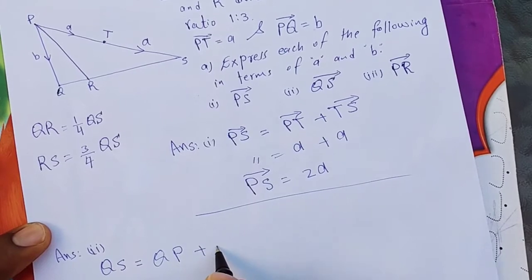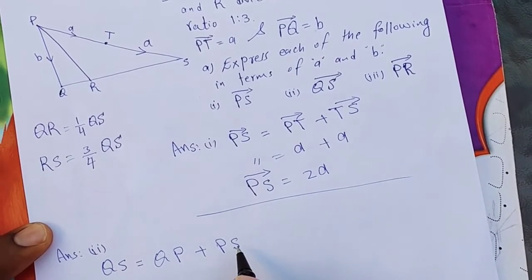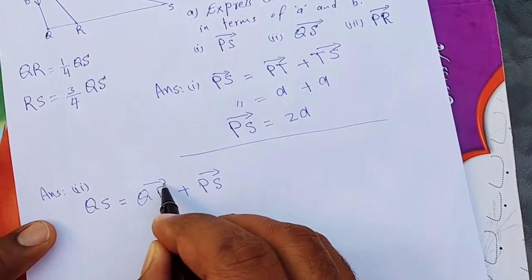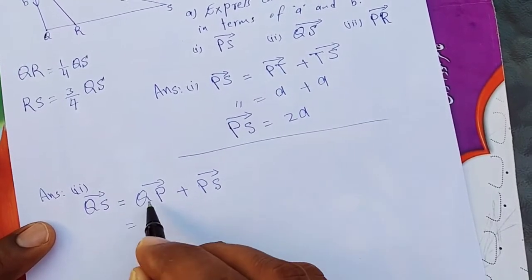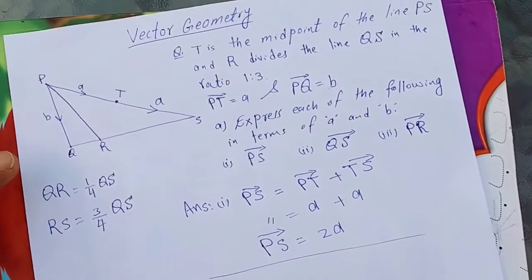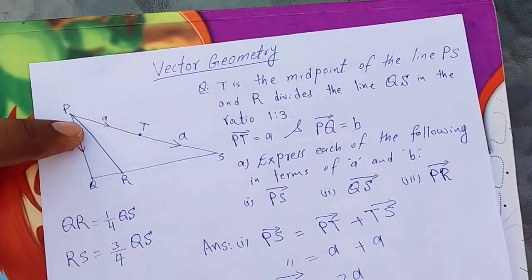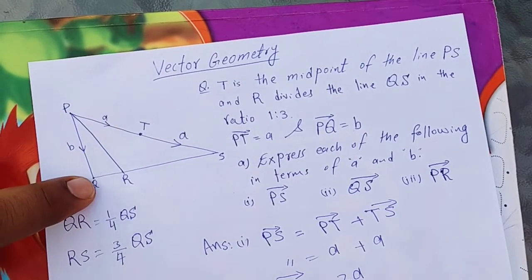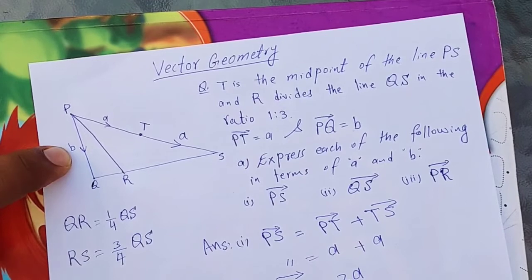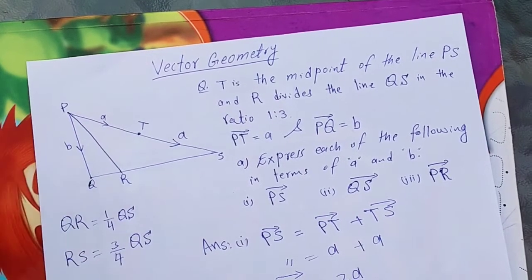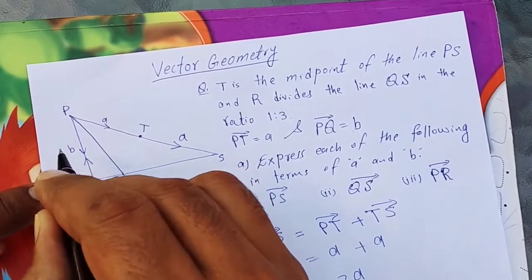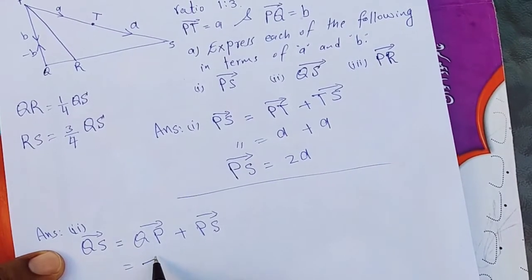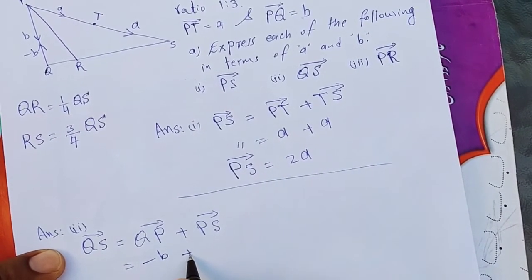What is QP? It is the opposite of vector PQ. PQ is B, so QP will be in the opposite direction, that will be minus B, plus PS.